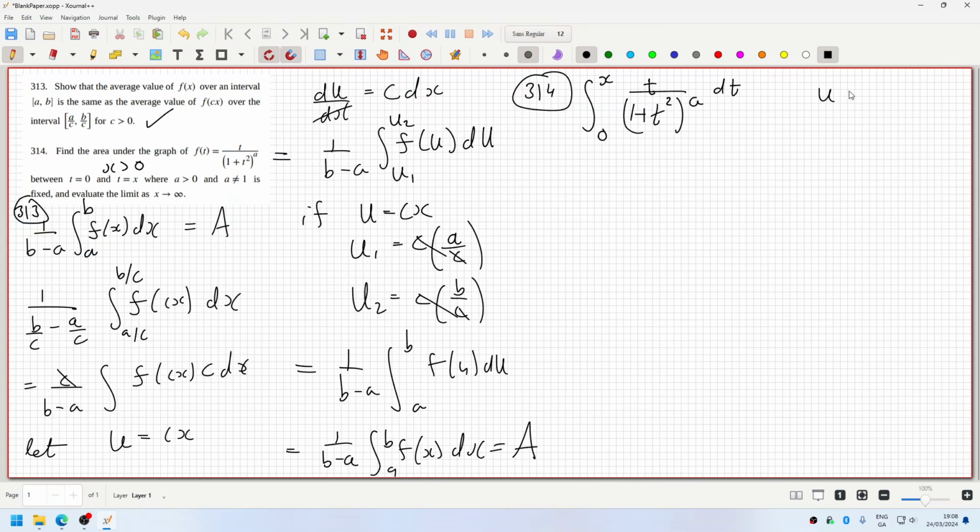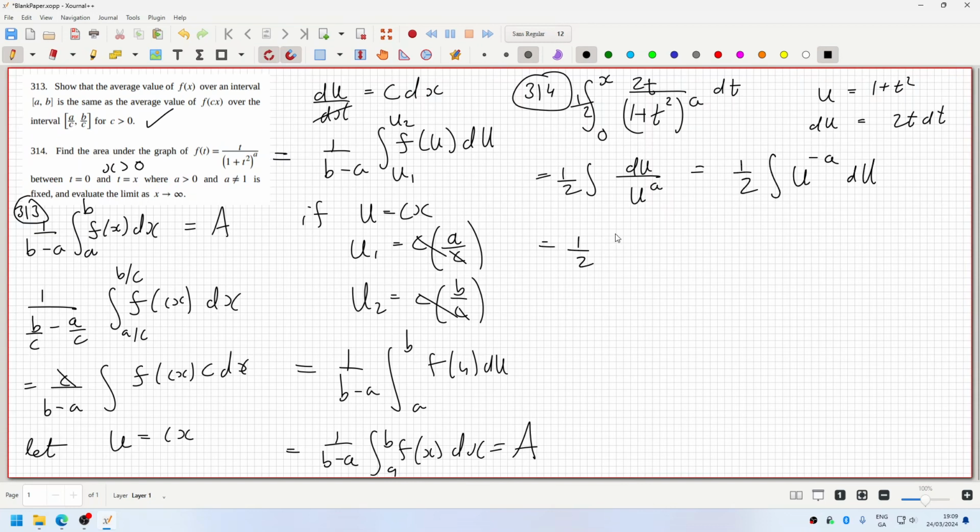Okay, u equals 1 plus t squared, so that means du equals 2t dt. So I'll put a 2 here and a half here. So that becomes a half integration. 2t dt is du over u power a, and that would equal a half integrate u to the minus a du. So that would be a half, and this is why a is not 1, so we don't get log. Increase the power by 1, divide by the new power.